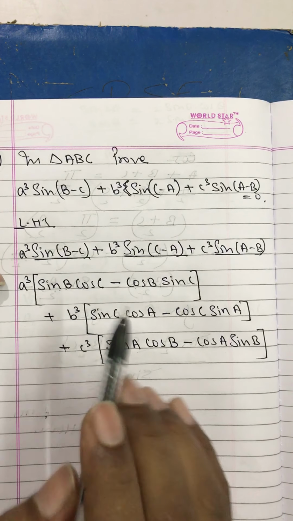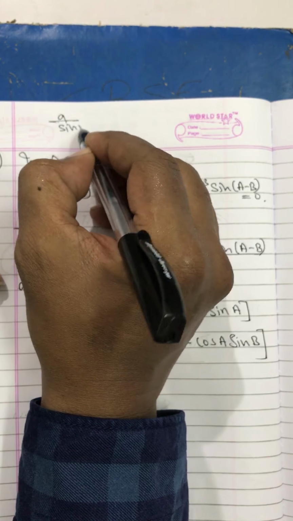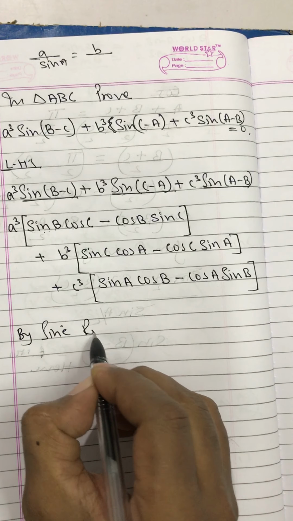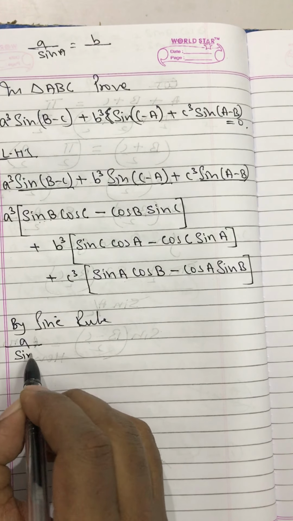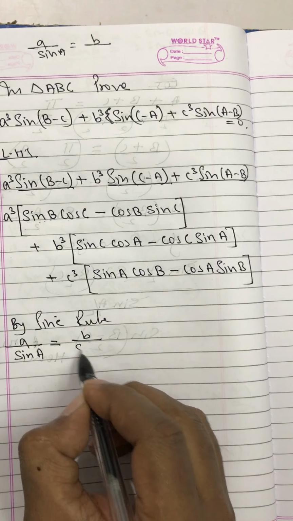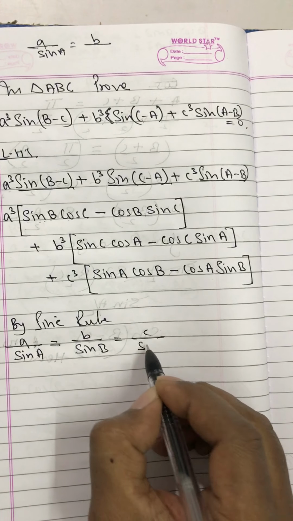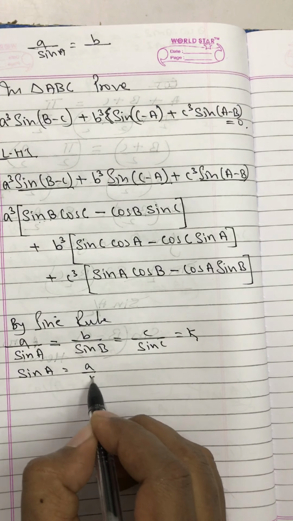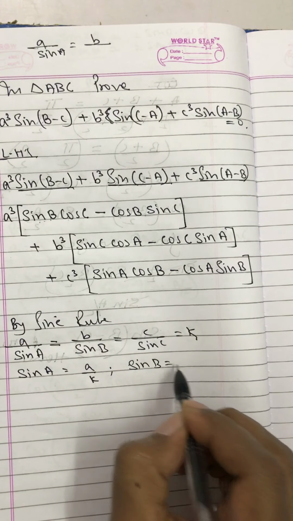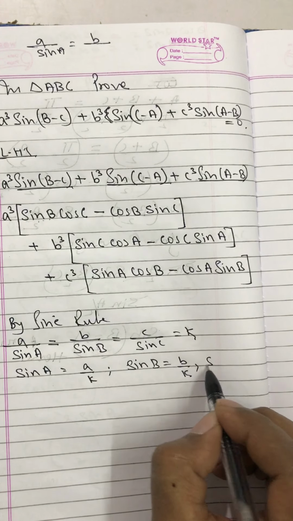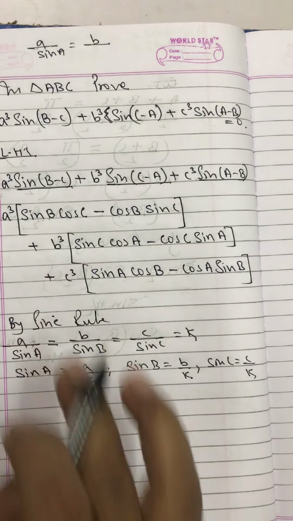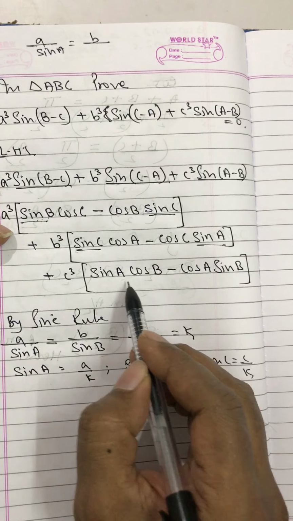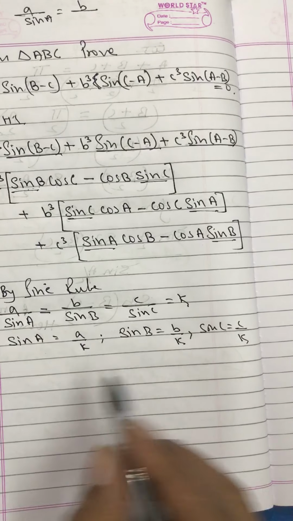By the sine rule, A upon sine A is equal to B upon sine B is equal to C upon sine C is equal to K. Therefore sine A will be A upon K, sine B will be B upon K, and sine C will be C upon K. So we will substitute this in place of sine B, sine C, sine A.